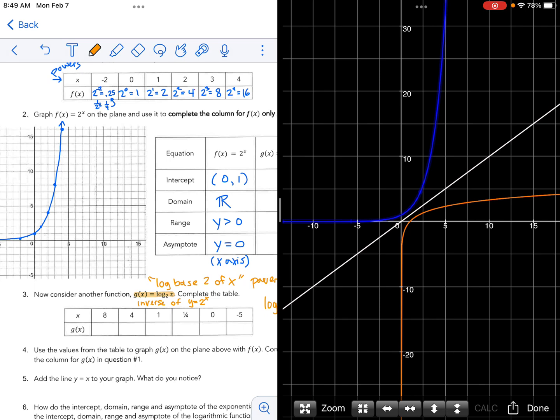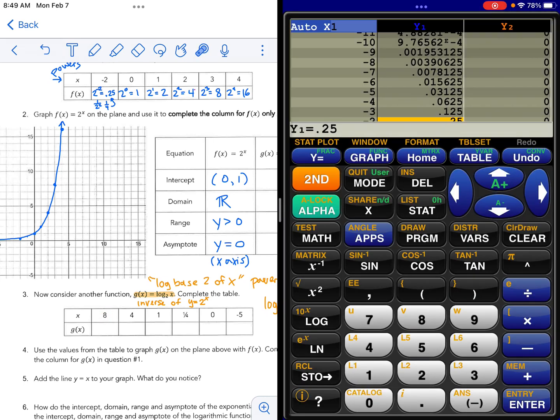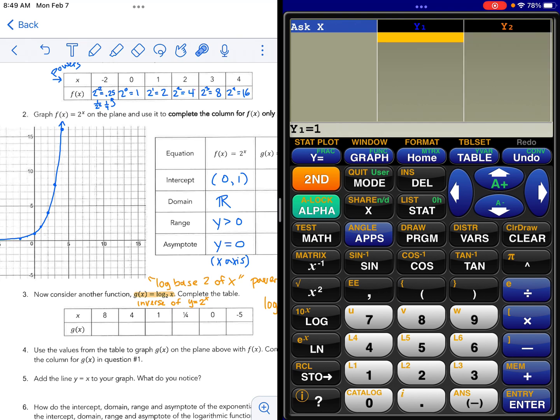So notice we have an x value in our table of 8. Right here, x value of 8. So I'm actually going to do the table because we're talking about a couple of different things. An x equals 8 gives me a log of 3.